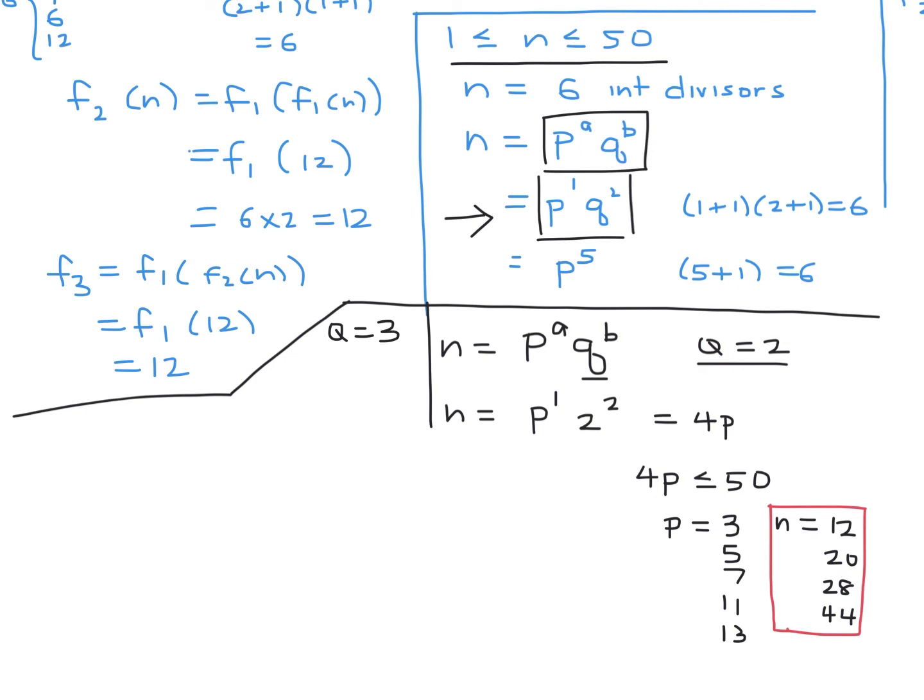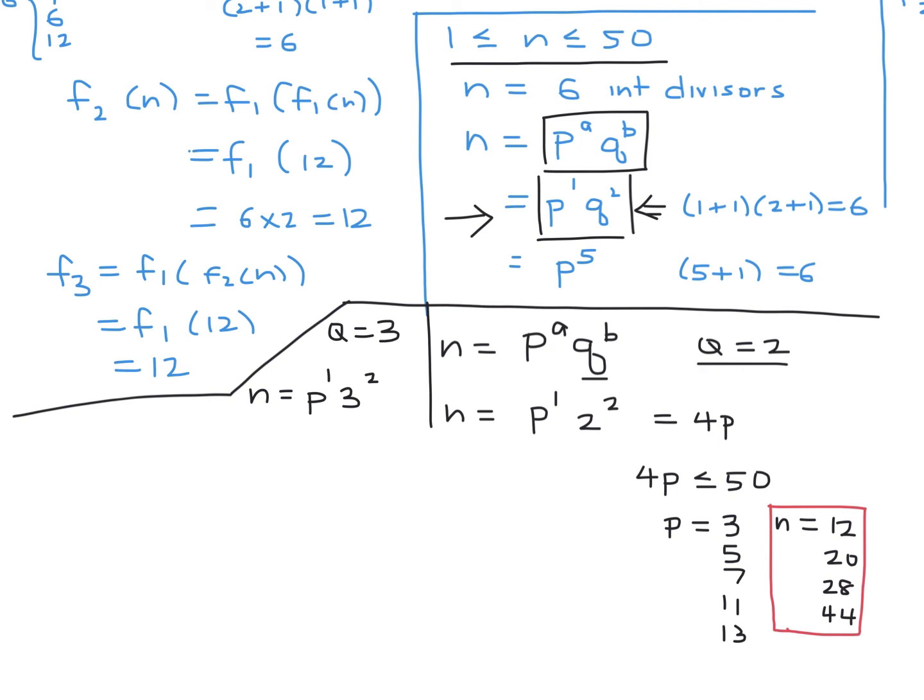If q equals 3, now n is p to the power of 1. Again, we're using this scenario. And now 3 to the power of 2. And we can therefore experiment just like we did here.